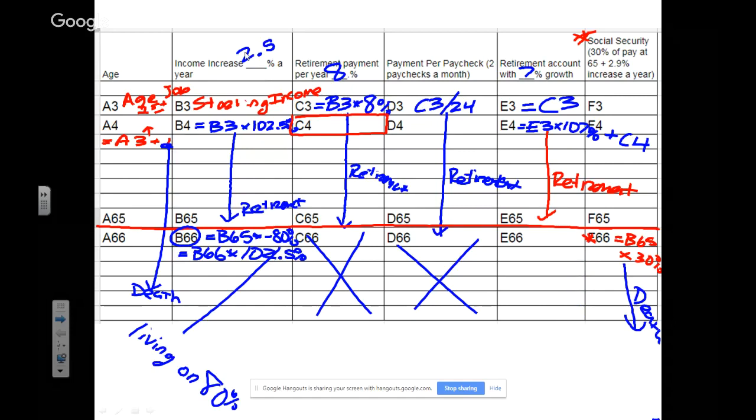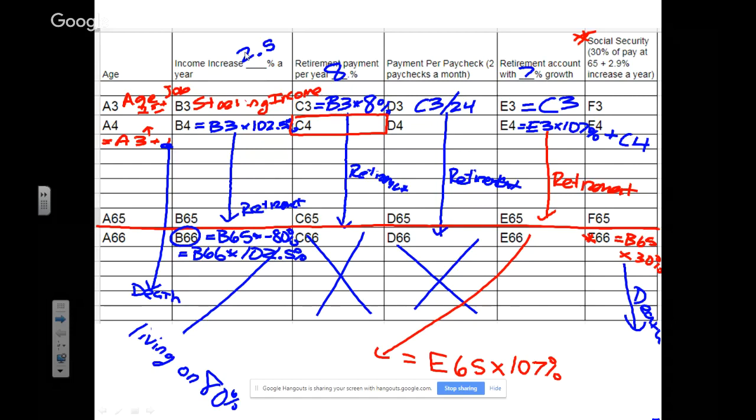Okay, E66. We're still going to have growth. So this equals E65 times 107%. So we're going to have growth from the year before.